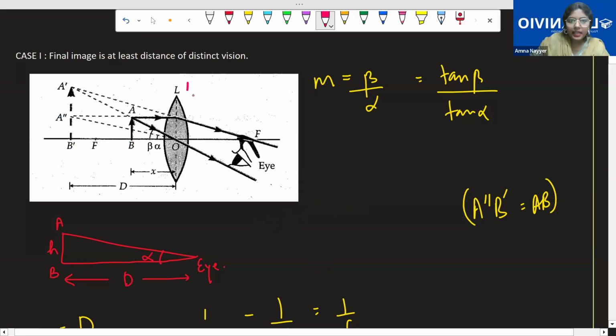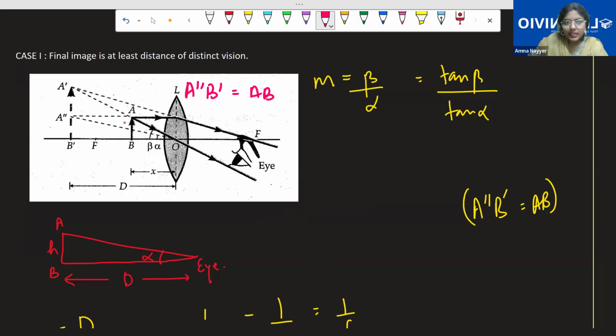I can say A double dash B dash is equal to AB. So AB is subtending angle alpha, which I have drawn separately too. A double dash B dash is also subtending angle alpha over here. See, this alpha is common for this also, and beta is common for AB also and A dash B dash. That's what we'll be applying. Figure is clear to all?